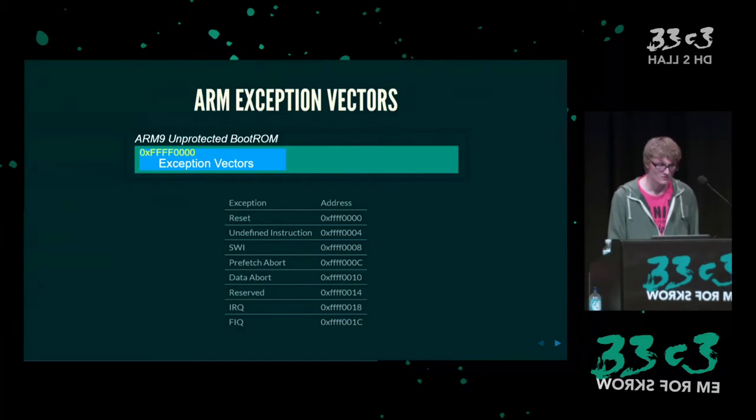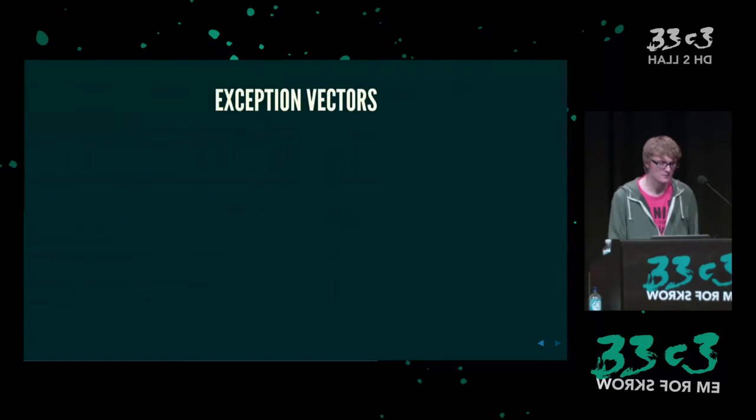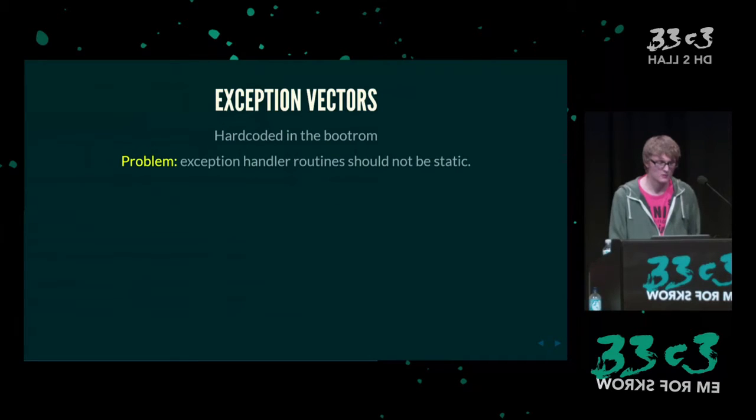So those are the exception vectors, and they are hard-coded in the boot ROM, and there's kind of a problem with that, because as a developer, you don't want to put the exception handler routines in the boot ROM. You want to be able to change the code, right?